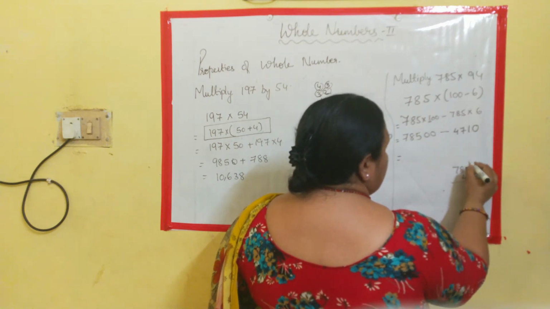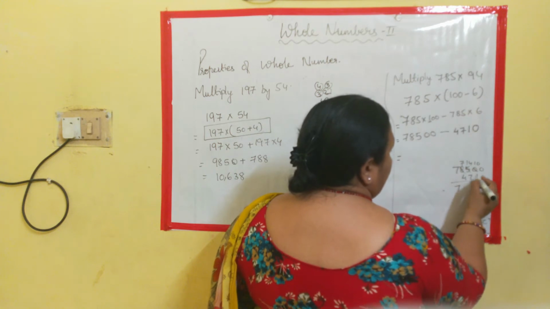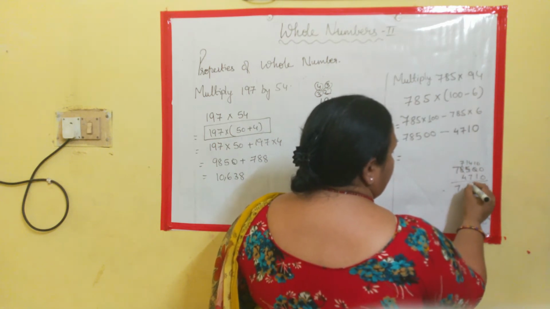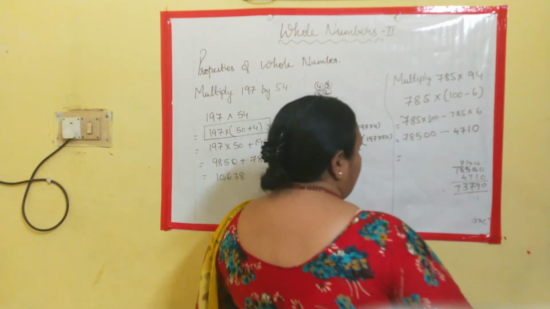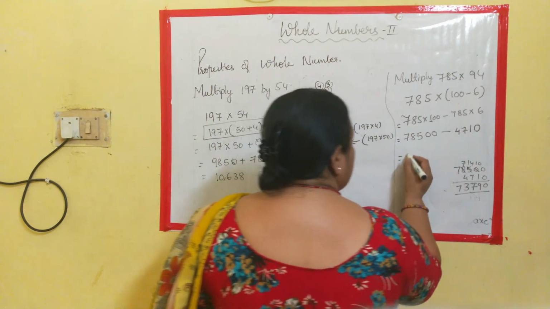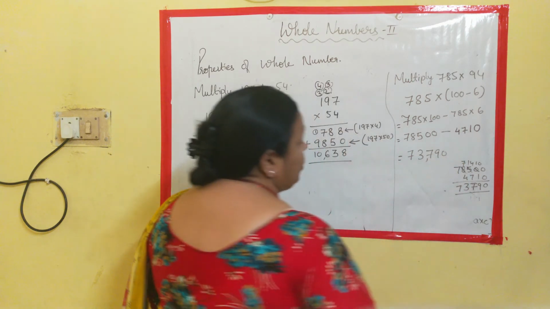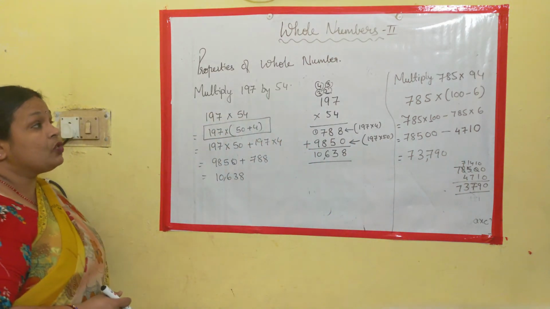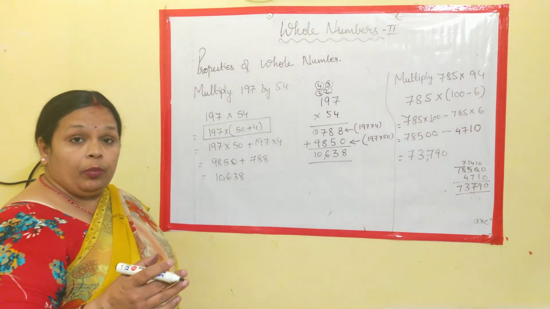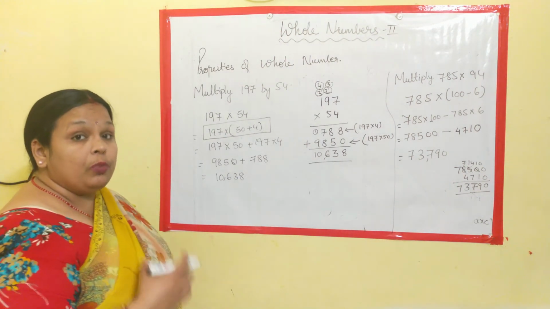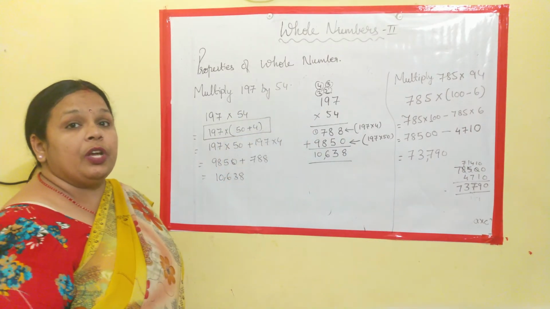This is 10, this is 14, this becomes 7. So we are going to get 10 minus 1 is 9, 7, and the number you are going to get is 73,790. So we have seen the application of distributive property over addition and over subtraction.